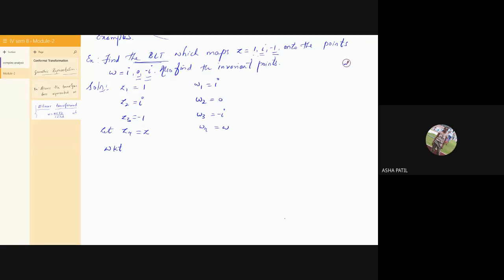(W1 minus W2) into (W3 minus W4) divided by (W2 minus W3) into (W4 minus W1) is equal to (Z1 minus Z2) into (Z3 minus Z4) divided by (Z2 minus Z3) into (Z4 minus Z1).